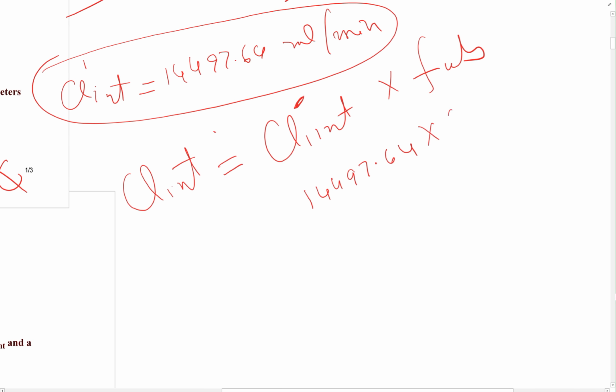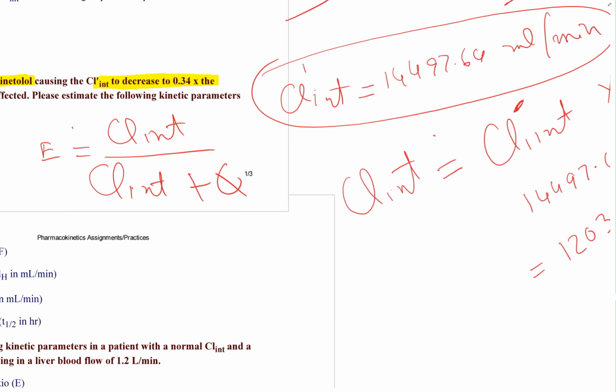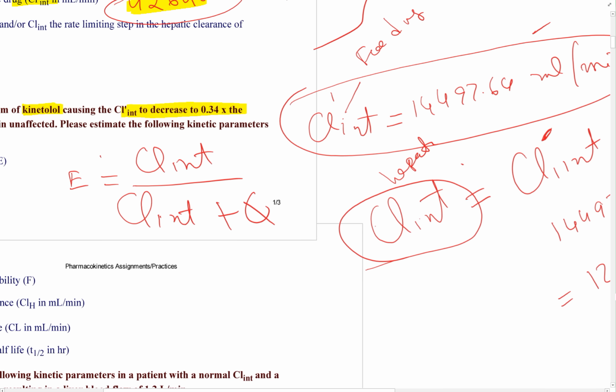Just multiply with 0.83, and it should give you a value of 12033.04 milliliter per minute. So this is our new hepatic intrinsic clearance. Just to remember again, this is the intrinsic clearance for free drug, and this one we are calling hepatic intrinsic clearance. Now this new hepatic intrinsic clearance we have to use in this equation to calculate the extraction ratio.